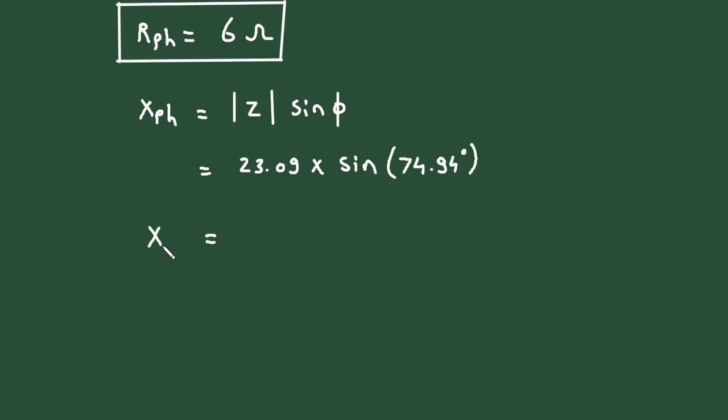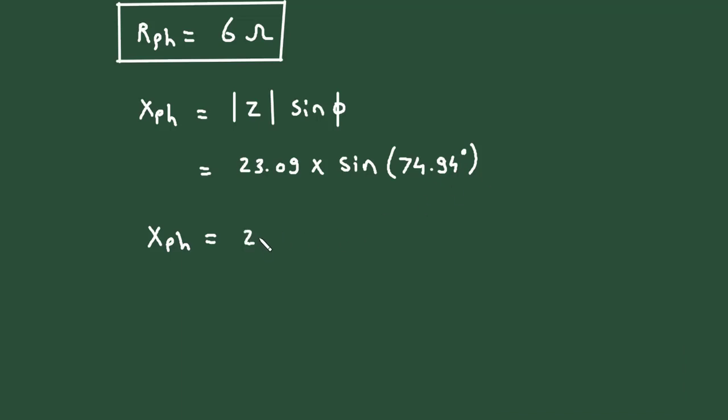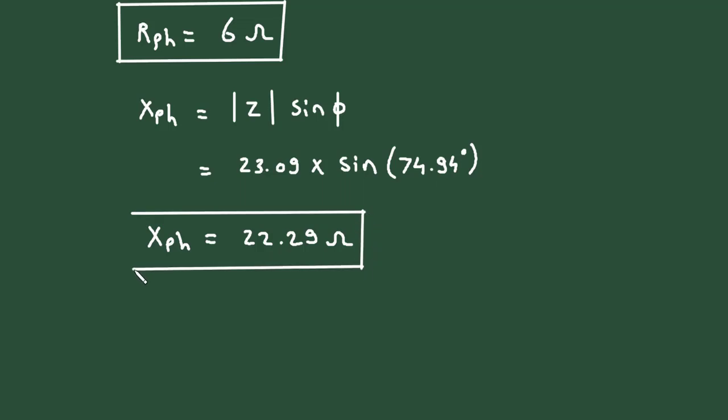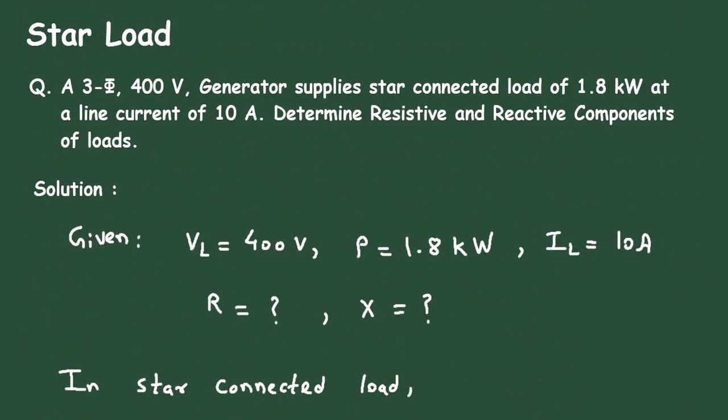If we solve this, we get the value of XPH. So 23.09 multiplied by sin 74.94 is 22.29. So 22.29 is the value of XPH. Also, since it is reactance, its unit is ohm. So this is how we can find resistive and reactive components of star connected load.